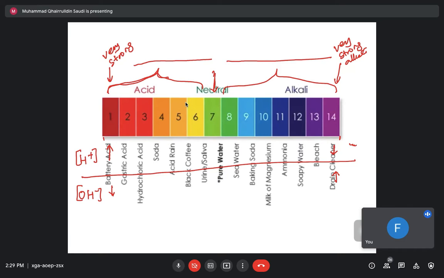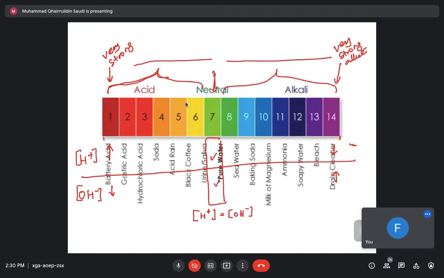Okey. Macam mana pula neutral? Dekat neutral ada hydrogen ion tak? Ada. Dekat neutral ada hydroxide ion tak? Ada. Kenapa dia neutral? Yes, because the concentration is the same. The concentration of hydrogen ion is equal to the concentration of hydroxide ions.